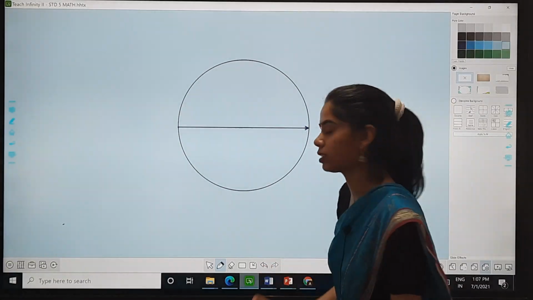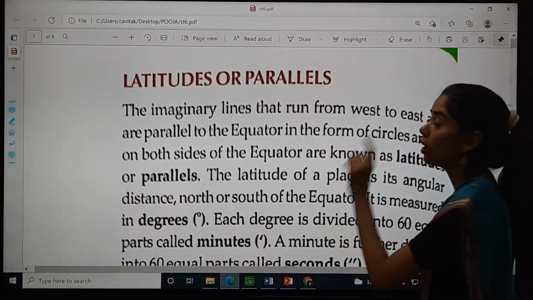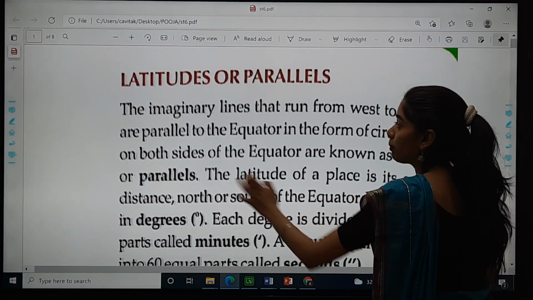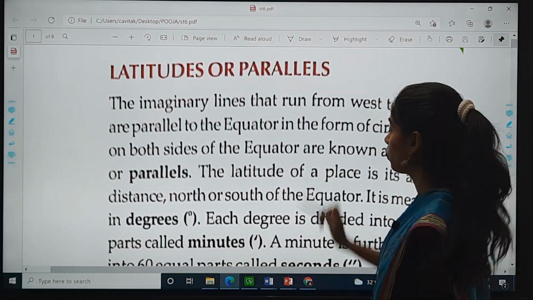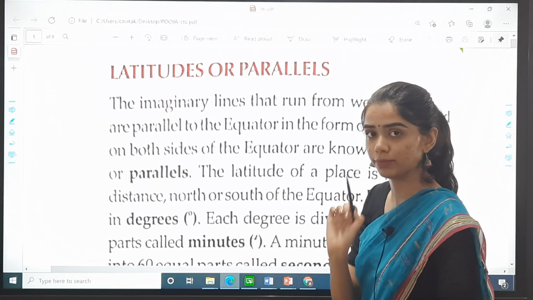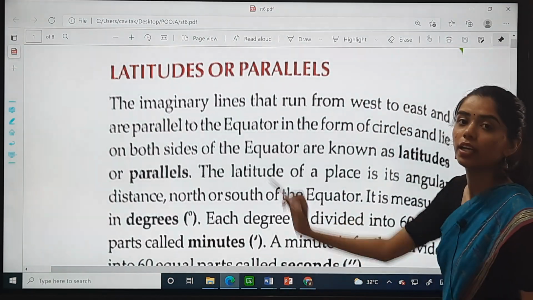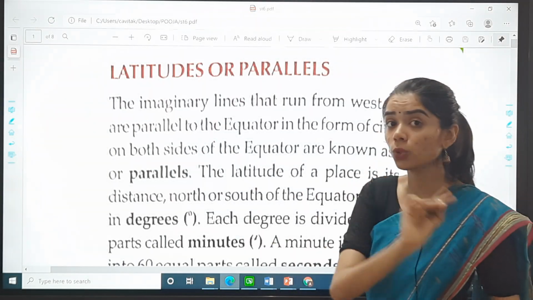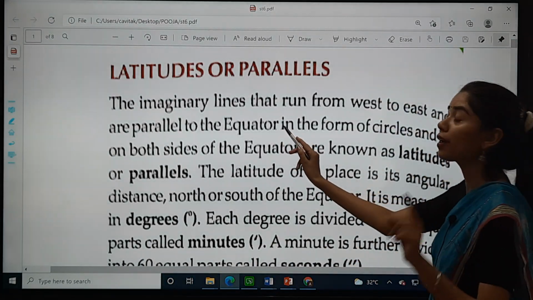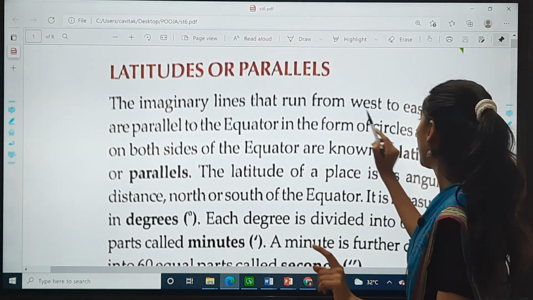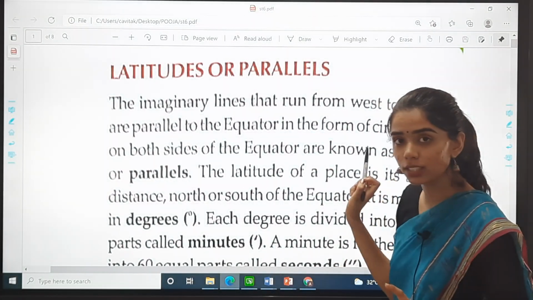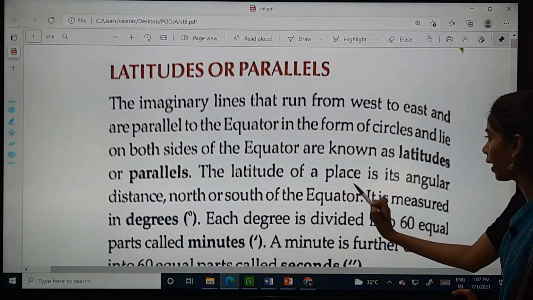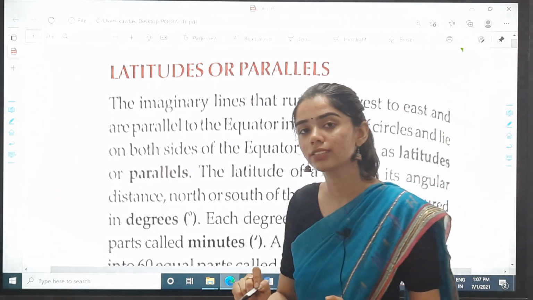Okay. Now we will start with the new topic, that is latitudes or parallels. So we will read line by line and also understand it line by line. See, the imaginary lines that run from west to east, parallel to the equator in the form of circles, and lie on both sides of the equator are known as what?